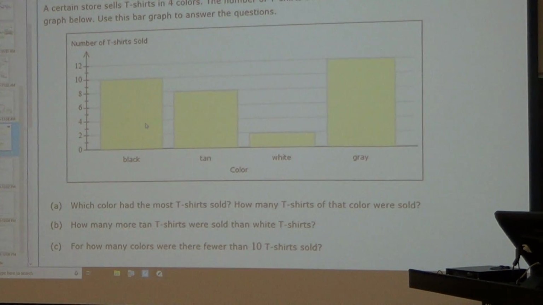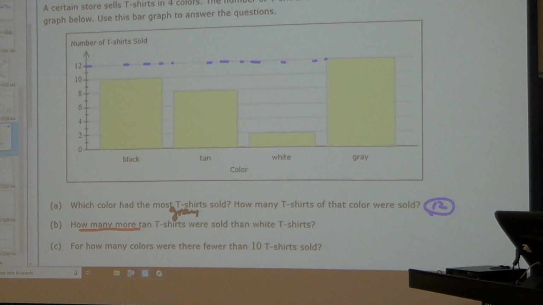Which color had the most t-shirts sold? Most t-shirts sold? Gray. How many of that t-shirt were sold? 12. How many more? First of all, what does how many more mean to do? Subtract.